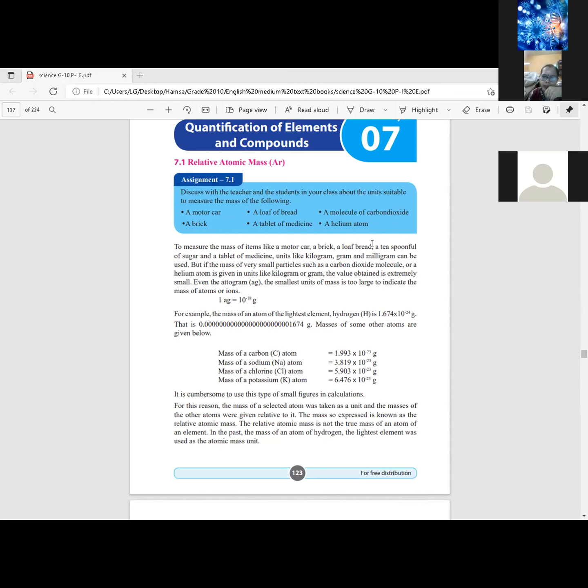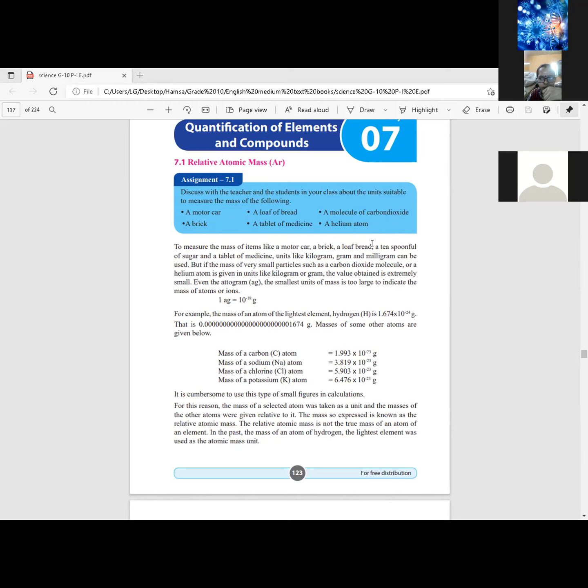Do you all know the symbol, at least the chemical symbol? If I say sulfur, it's capital S. If I say potassium, capital K. Do you all know that at least?